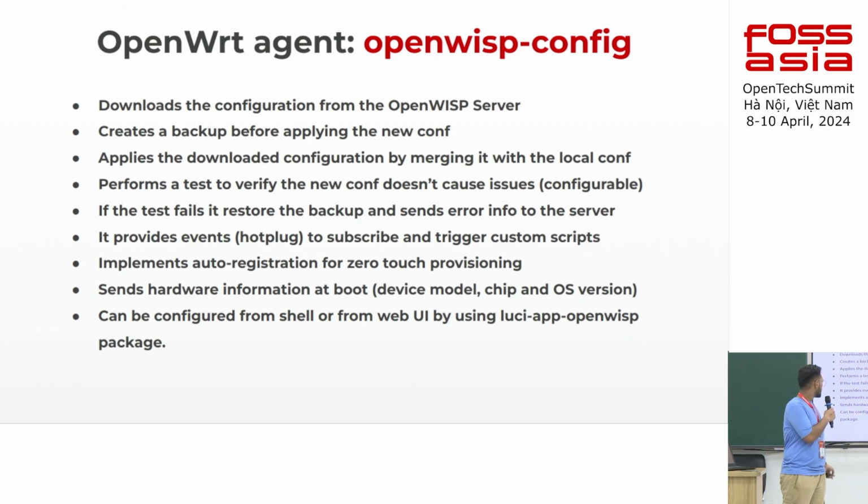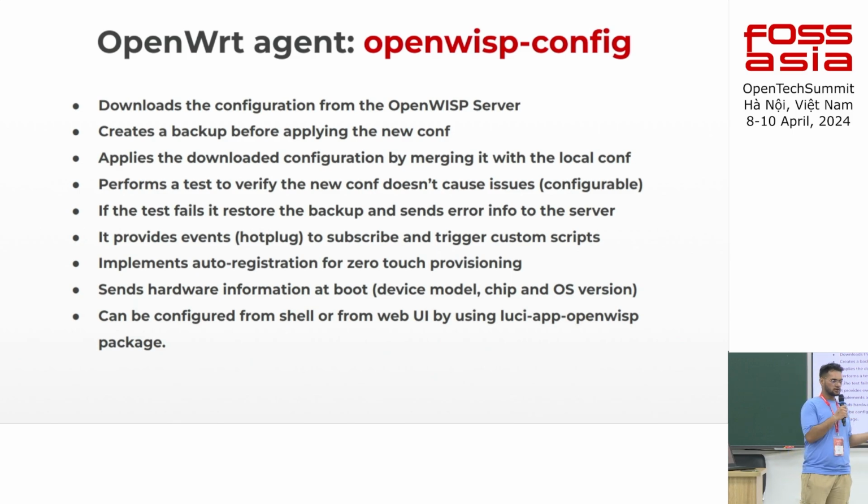And then it has some hotplugs, which is a concept of OpenWrt. It is like signals and receivers. So whenever we provide some hotplugs, like what happens when the configuration gets reloaded, or what happens when the configuration has been successfully applied, this provides customizability to the system, where users, based on their own needs, can write scripts which are executed at a particular operation of applying configuration.